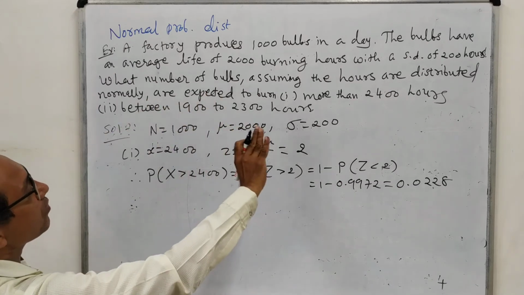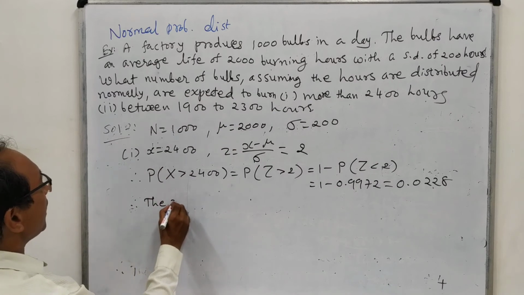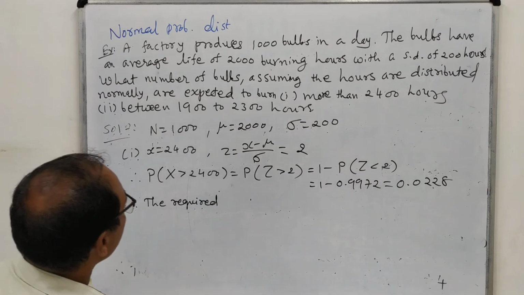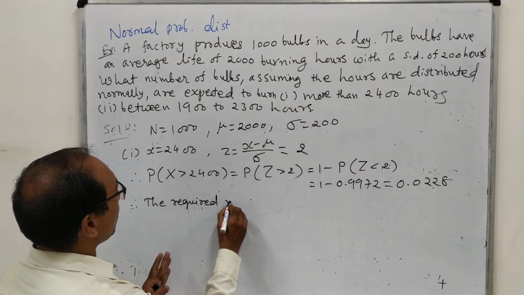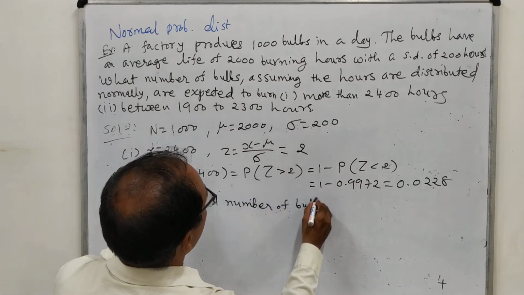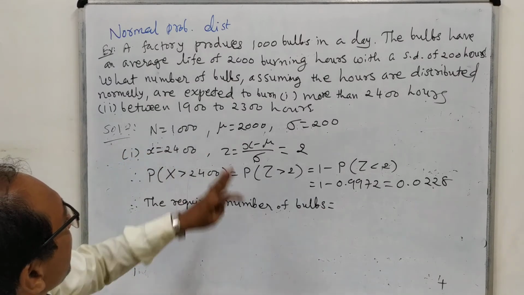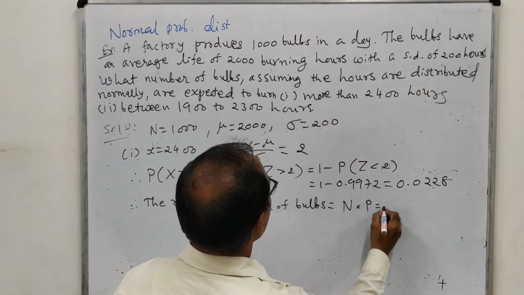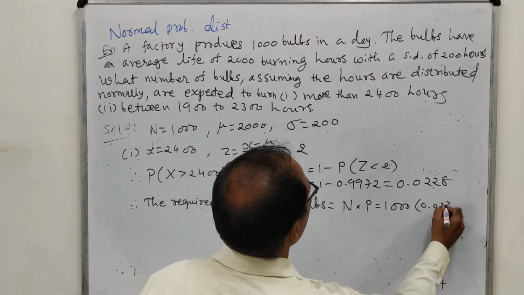This is not just to find the probability, but to find the number of bulbs. Therefore the required number of bulbs, that is, the number of bulbs which burn for more than 2400 hours, is n into P. N is 1000, into 0.0228.